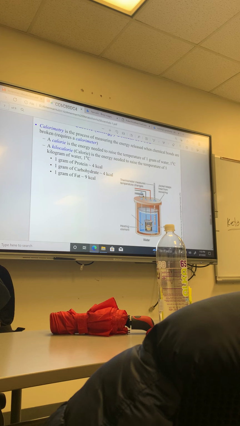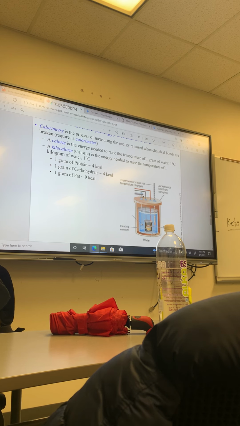And where's the energy stored? In the hydrogens. Because carbs have a lot of oxygen by weight, are these electrons carrying energy that we're going to extract? No. So we basically have a lot of wasted weight here, if you will. Whereas lipids are nothing but pure carbon and hydrogen.